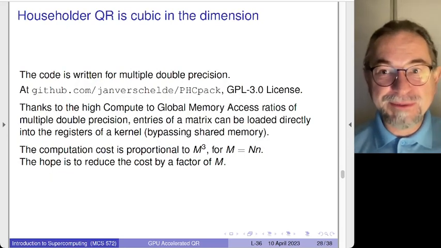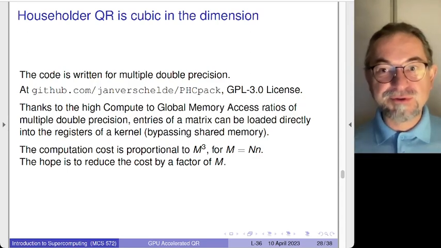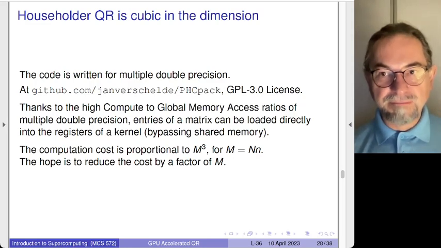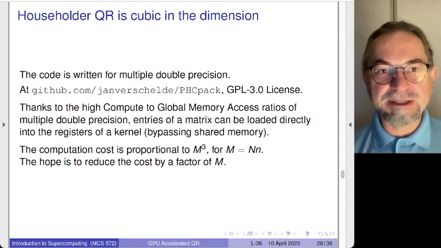So at some point, the bottom line here is that it is possible to reduce the total cost. The cost is actually still cubic in the dimension, but you can reduce this by a factor m. So there is a sweet spot of the dimensions, and this happens when you realize teraflop performance, where you live in a world where there is a quadratic time algorithm for computing a QR implementation.